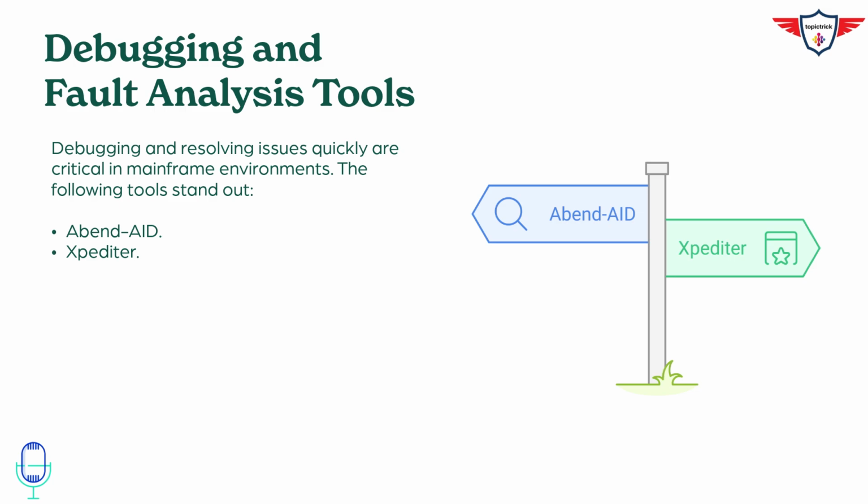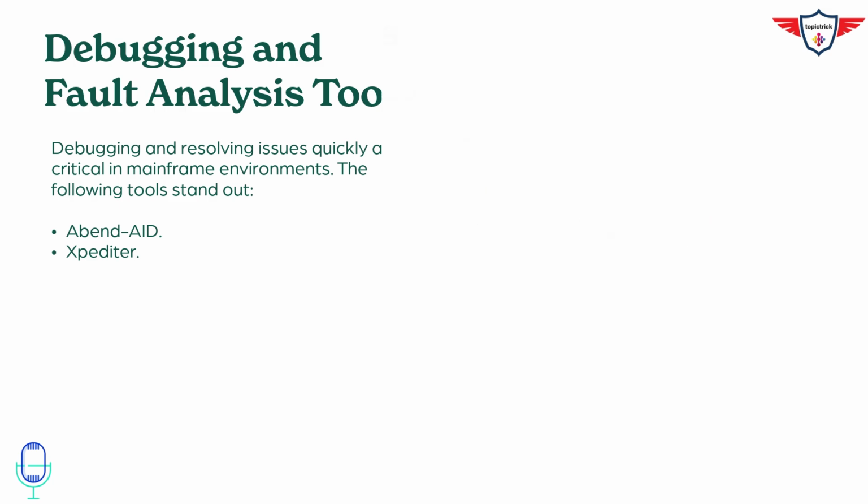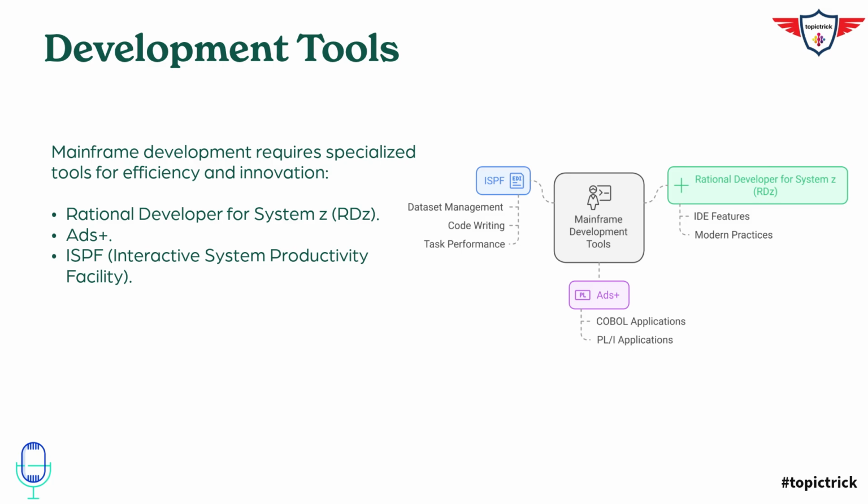Now, speaking of code, let's shift our focus to the tools that support the development and maintenance of mainframe applications. I know there's this perception that mainframe development is stuck in the past. Using outdated tools and languages. Is that true? Or are there modern tools that support contemporary development practices?